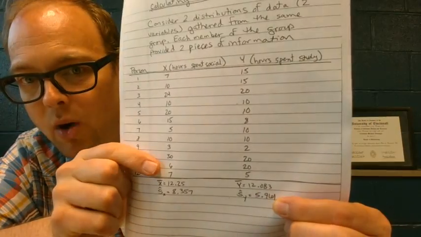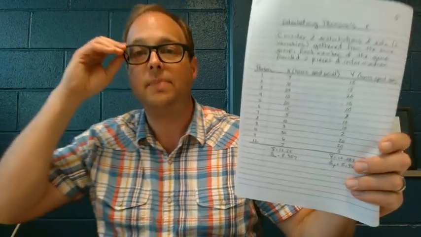So for these data, the mean is 12.083 hours, and the standard deviation, S with a hat sub Y, is 5.961 hours. So for our dependent variable, our Y variable, hours spent studying, we have a mean, Y with a bar, of 12.083, and the standard deviation, S with a hat sub Y, subscript Y, is 5.961 hours.